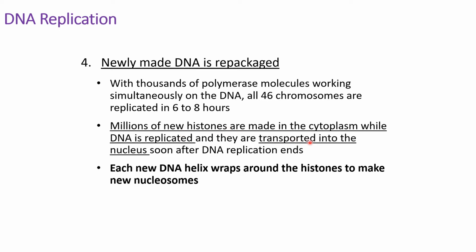Histones are proteins, so they're made in the cytoplasm. Once those histones are made, they will be transported back into the nucleus. And so then the histones will be there and ready for the DNA to wrap around and become condensed again, and there we have it. So we'll just do the same thing. We'll wrap the DNA helix around the histones to make up the nucleosome.